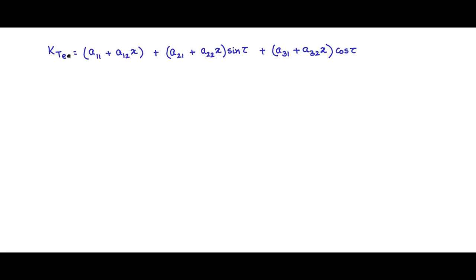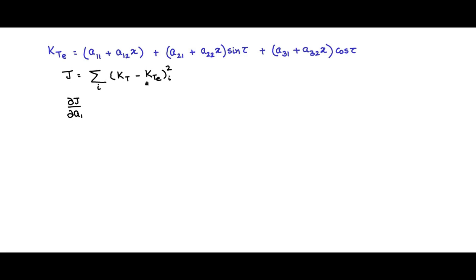Now we have the estimate equation here, and we know that J, the function to minimize, is KT minus KT estimate whole square. Now this is what we would like to minimize. This is the error square, so that you get the minimum square error or the least square error.